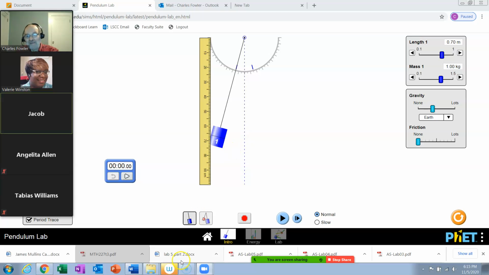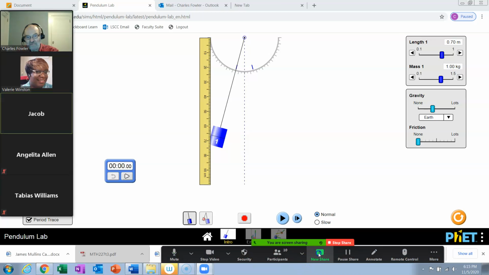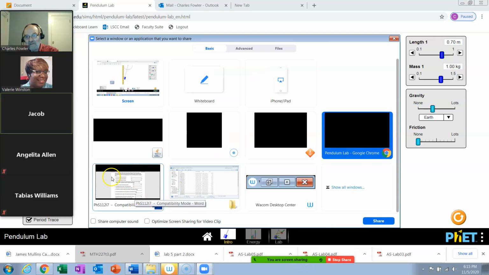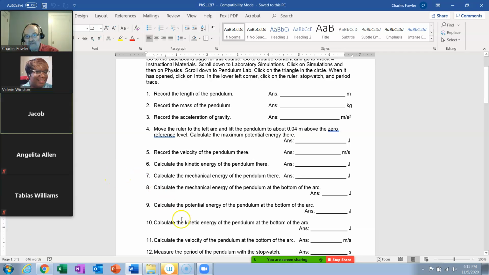So that was the answer to this question. Calculate the potential energy at the bottom of the arc. There, you're as low as you can go, so there you're at 0 potential energy. Remember the skater that we had. As low as it can go, that's the minimum potential energy.